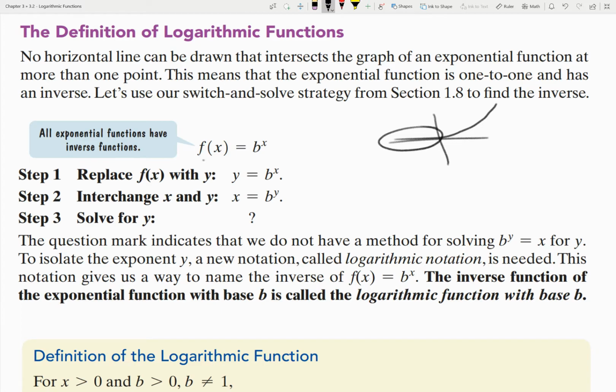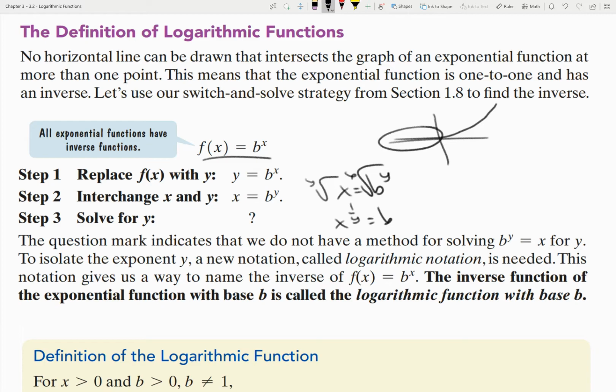But if you start with the switch and solve strategy, you switch x and y, how do you get y by itself? You could try to take maybe a square root, but that wouldn't get y by itself. You can try a y root, but now you have x to the 1 over y power is equal to b. Nothing that we have previously studied is good for this.